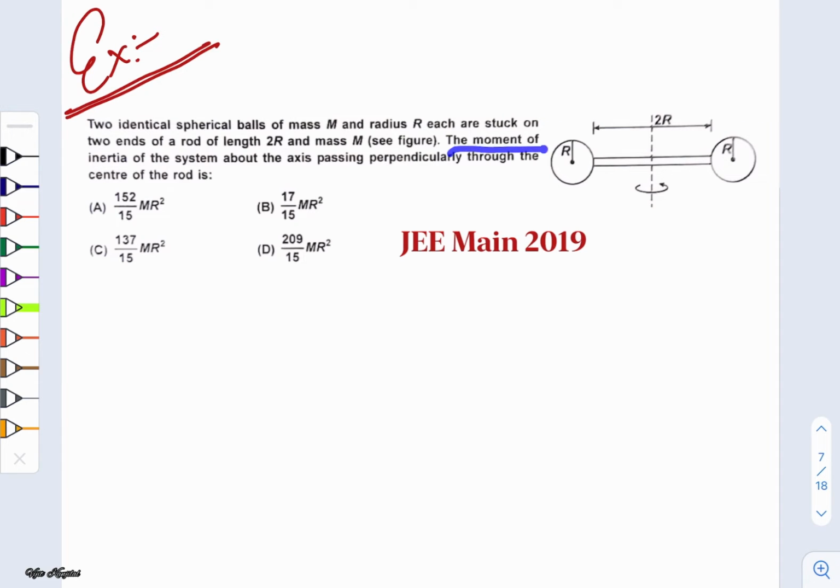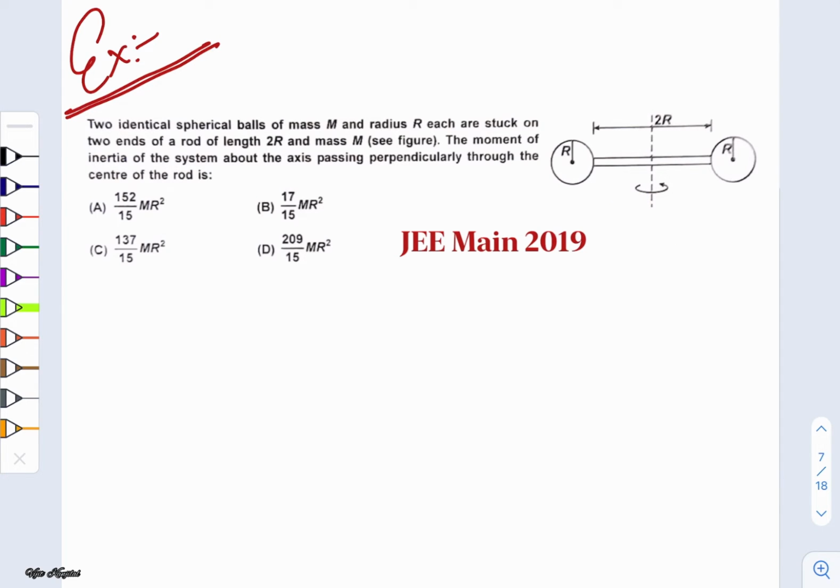So the moment of inertia of the system about the axis passing perpendicularly through the center of the rod is, that is, we need to find the moment of inertia of this entire system with respect to this axis of rotation that is given here.